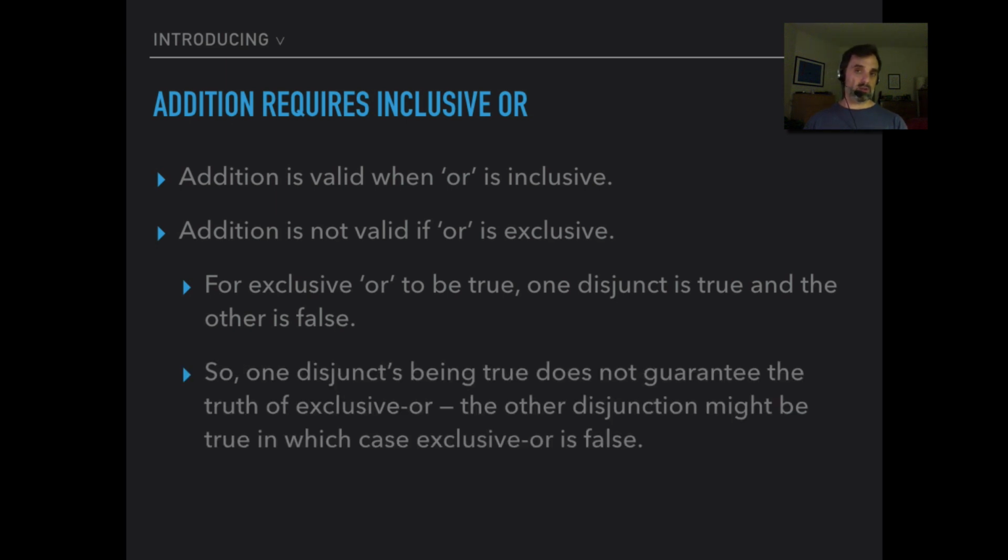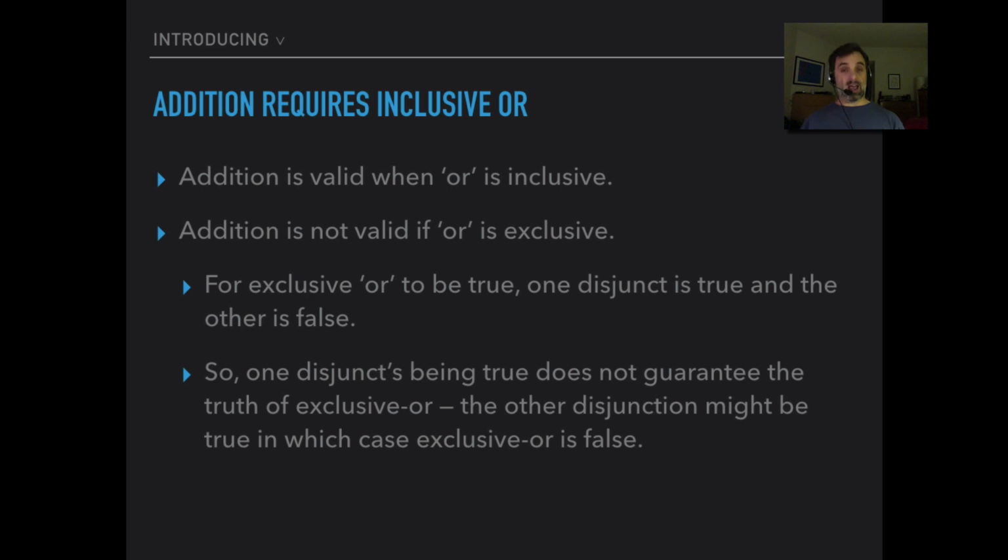And so, just because one disjunct is true doesn't follow that the disjunction is also true. It depends upon the truth value of the other disjunct. If the other disjunct is true, then the whole disjunction is false. If the other disjunct is false, then the whole disjunction is true. So addition is not valid, going from just one of the disjuncts to the whole disjunction. That's not a valid inference pattern when we're talking about an exclusive OR.